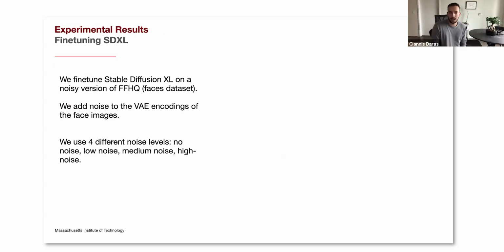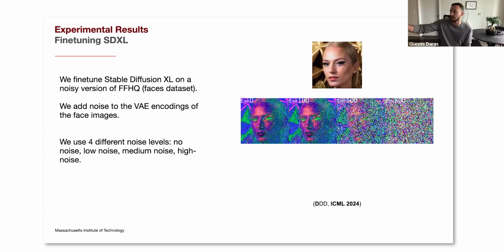To see if it works, we first did this experiment. We started with the Stable Diffusion XL model. We take an image from the data set, and we encode it in the latent space of this model. Then we add a lot of noise to the latents, with different noise levels.